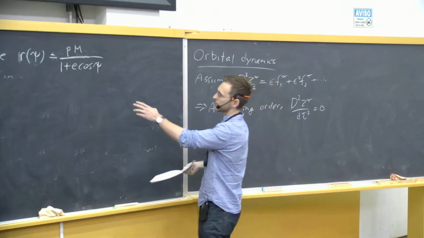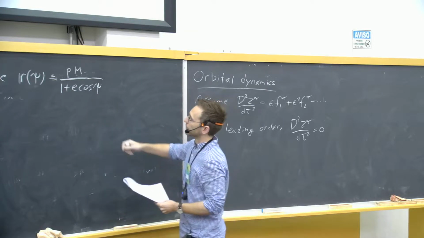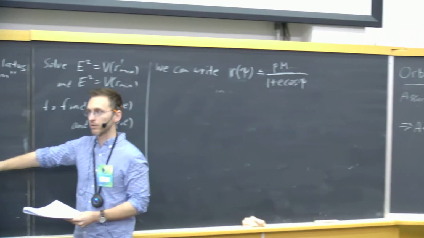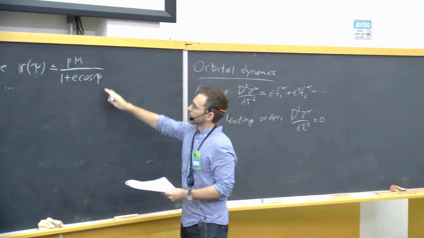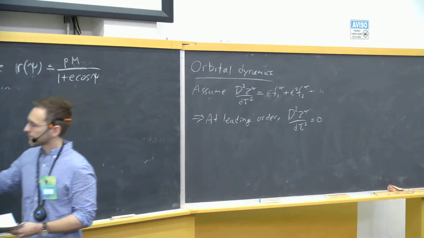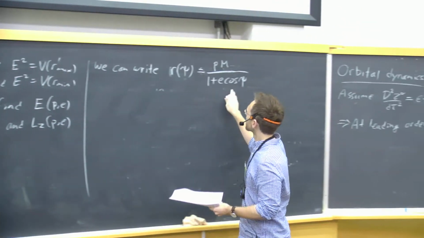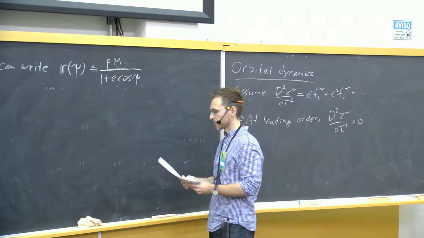So when psi is 0, we have Pm over 1 plus E, which is the minimum orbital radius. And then when psi is pi, we have the maximum orbital radius. So this function just oscillates between the minimum and maximum smoothly.